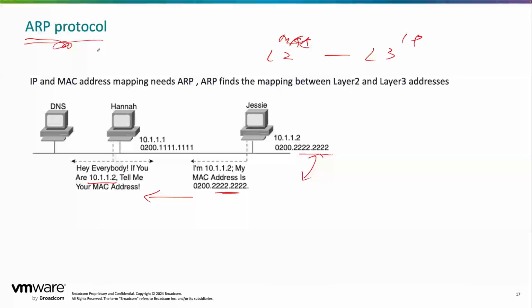That is what the ARP protocol is for, just a mapping protocol. For different layer 2 technologies, for example Frame Relay or ATM, there are different kinds of mapping protocols.